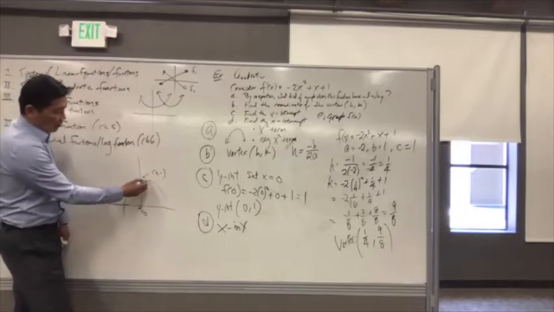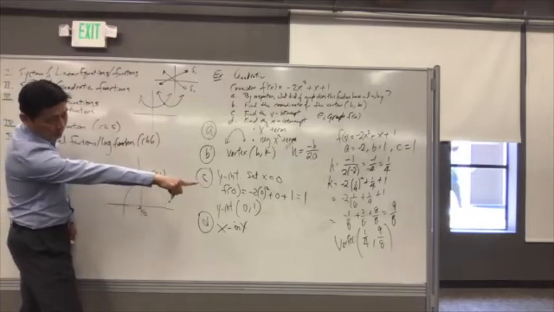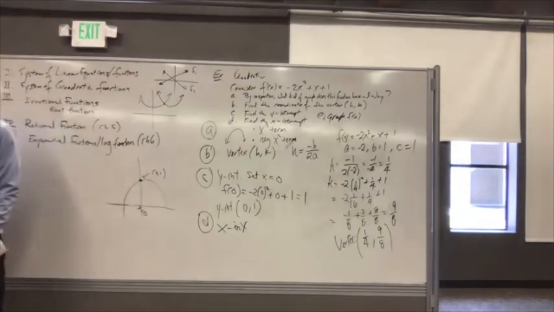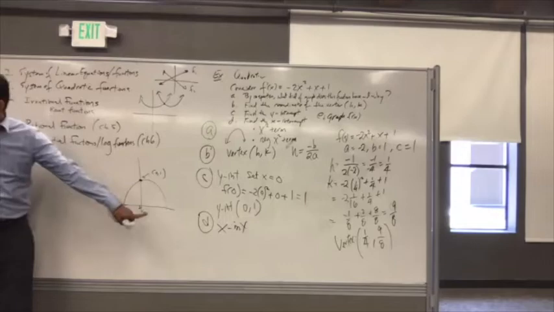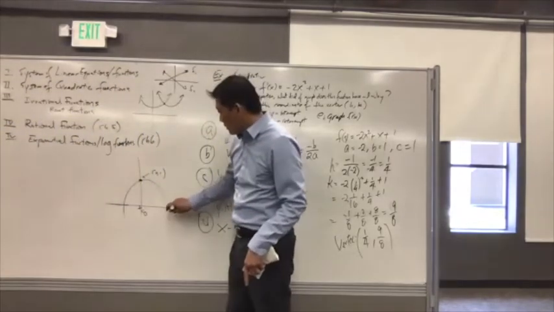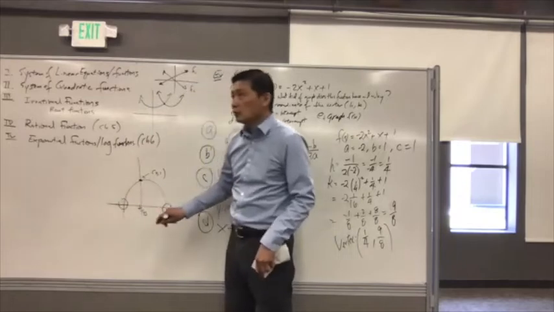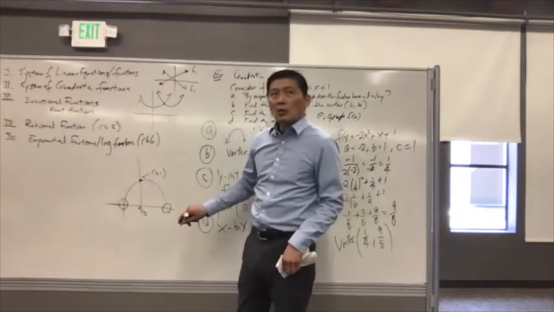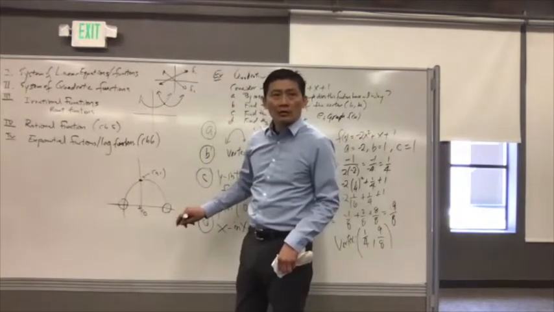We know the highest point is 1/4 and 9/8, which is a little bit higher than 1. For the x-intercept, you look at this graph, you know that there's going to be 2 points. And that is when y equals 0.